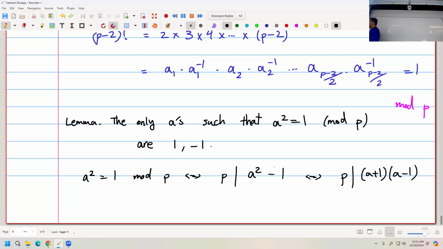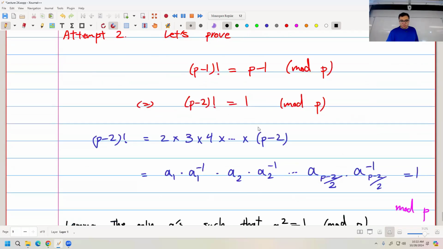It's dividing the product of two numbers, so it has to divide one of them. So this is the case if and only if p divides a+1 or p divides a-1, which is the same as saying a is either 1 or -1 modulo p. So the only numbers that are their own inverse modulo p are 1 and -1. And so our proof works.